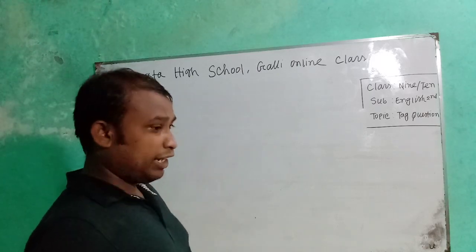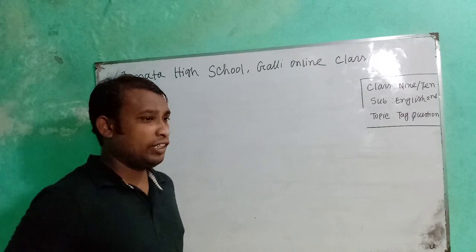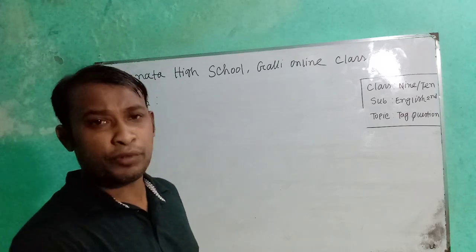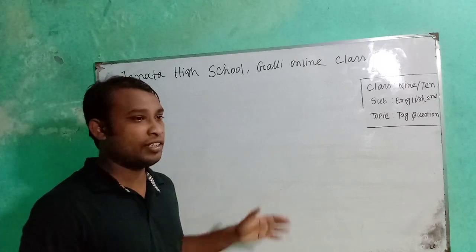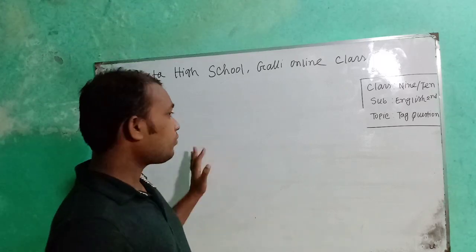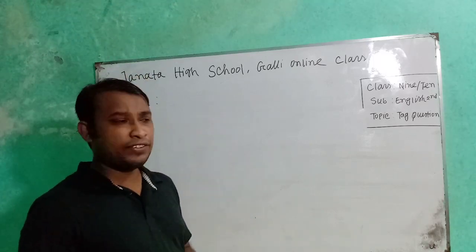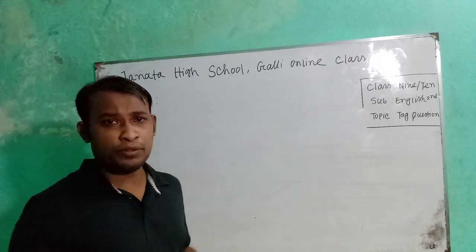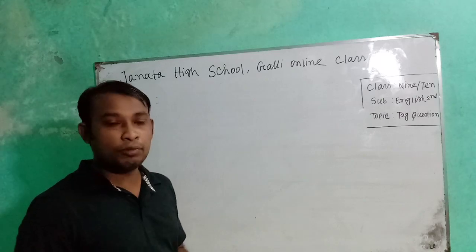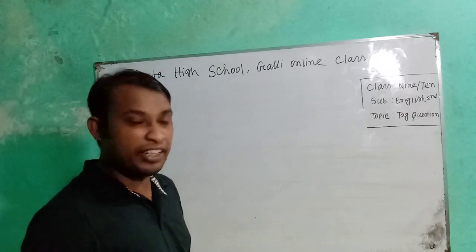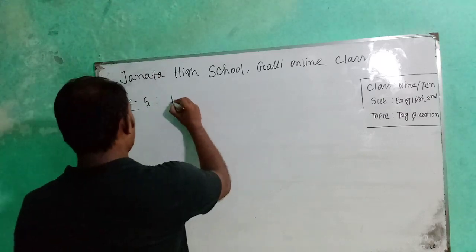Fine. I have already said that if the sentence is negative, we have to use it affirmative. So at first we have to recognize the negative sentence. For recognizing a negative sentence, we have to know about some negative words which make the sentence negative.